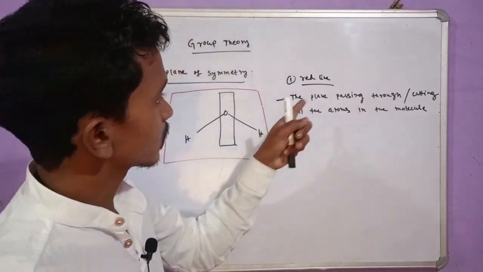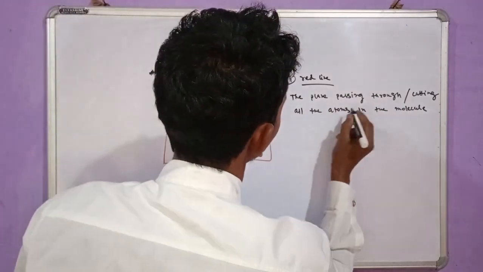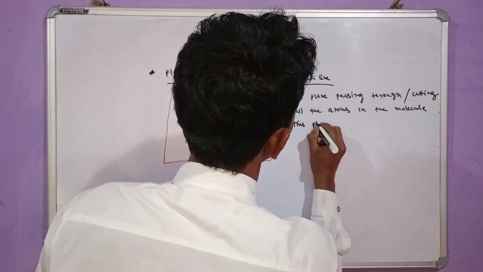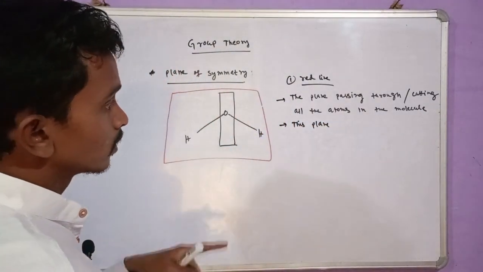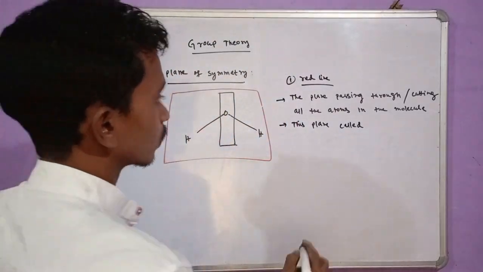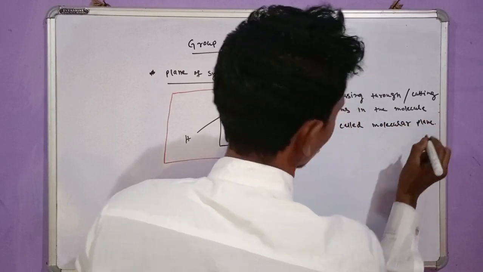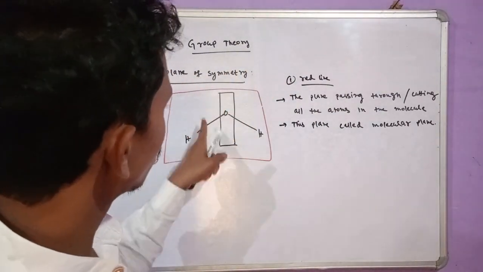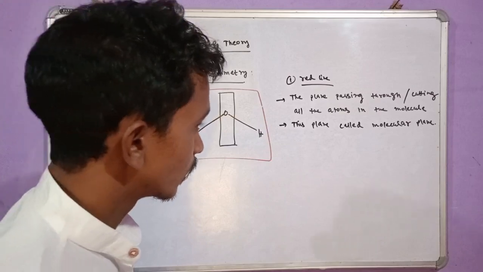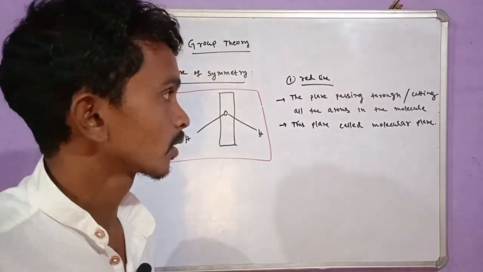Whatever plane passes through or cuts all the atoms in the molecule, that plane is called a molecular plane, because it cuts all the atoms in the molecule. Another plane is only cutting the oxygen atom, so this is not a molecular plane. Okay, and we can classify planes into three types.